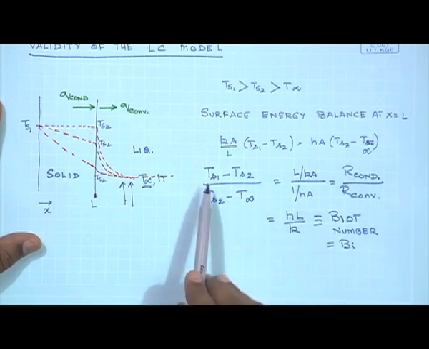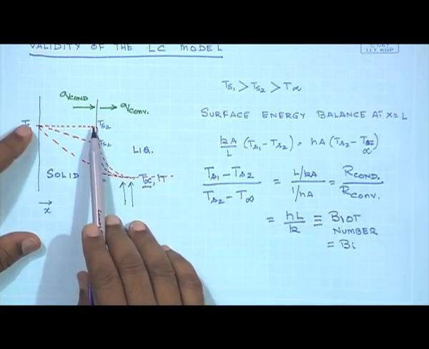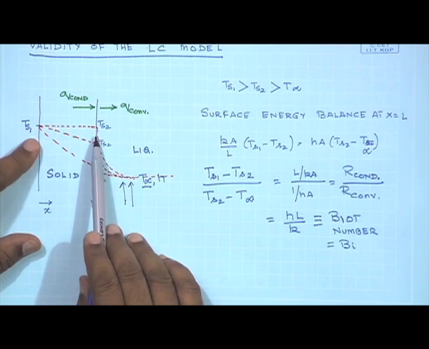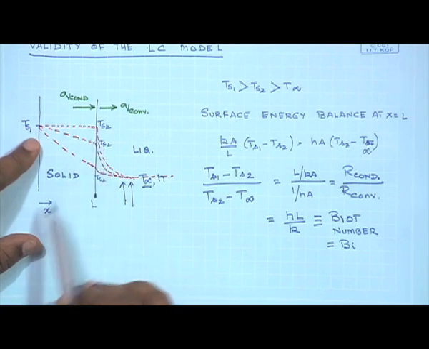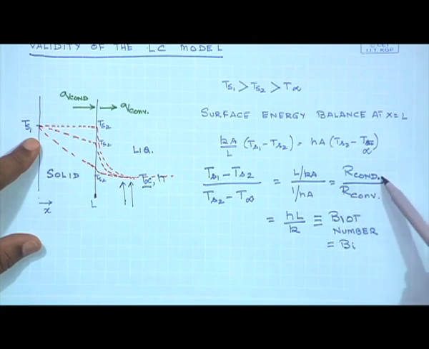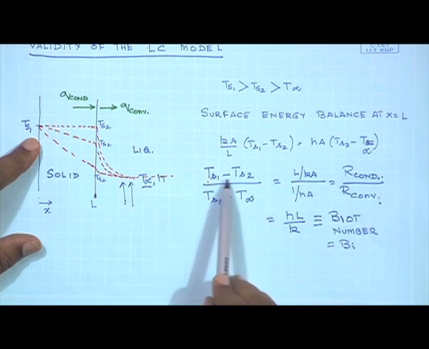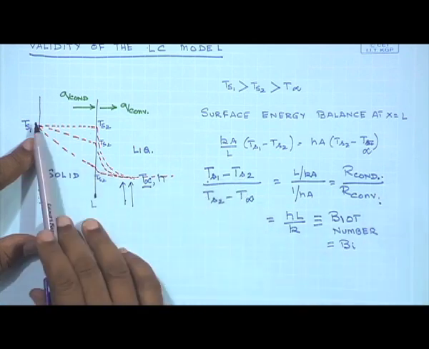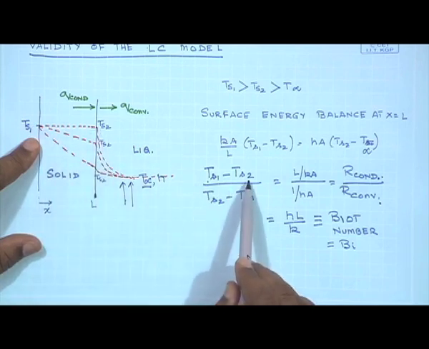So, therefore, you can see, in order to have less temperature gradient in the solid, that is between x equals 0 and x equals L, the value of the Biot number must be small. So, if your conduction resistance is quite small in comparison with the resistance due to convection, then your temperature drop in the solid, Ts1 minus Ts2, is going to be small.